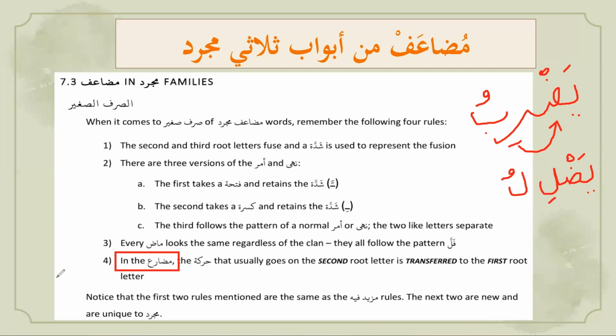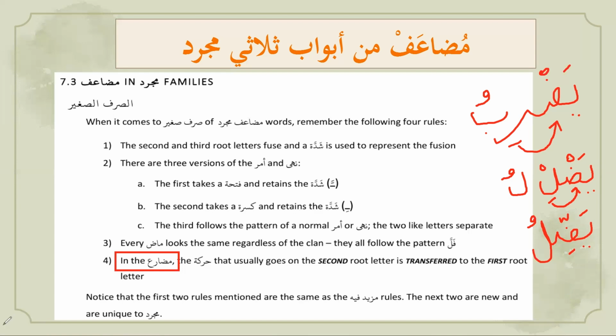But what happens according to the fourth rule, this kasra is transferred to the first letter. So it becomes yadillu. Okay. This kasra goes back to the first letter and this sukun comes here. So yadillu. It becomes yadillu, instead of yadlilu.